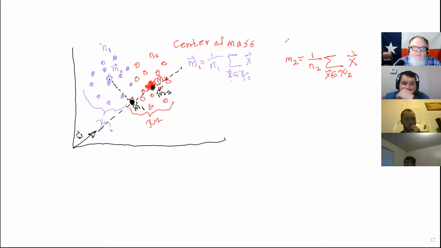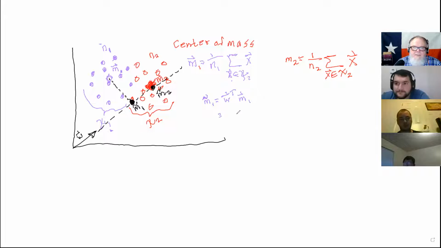So we are going to project the means onto the middle of the line. And so these mean projections, if we do M1 twiddle, that's going to be equal to, as we said, omega transpose times the first mean.